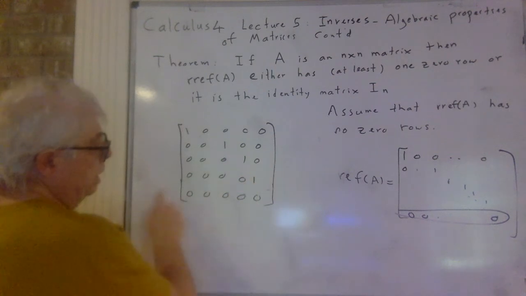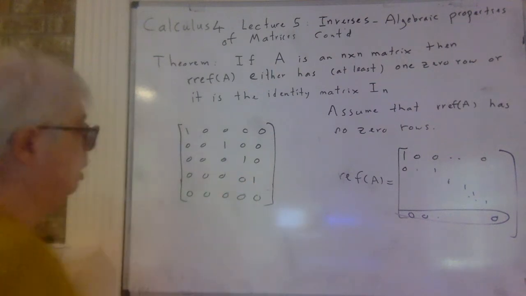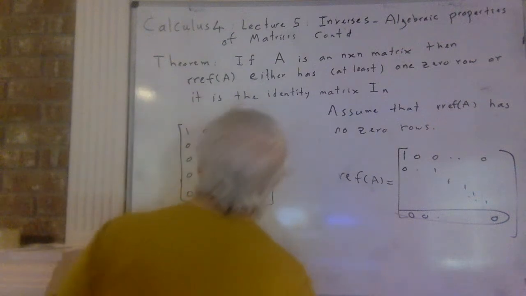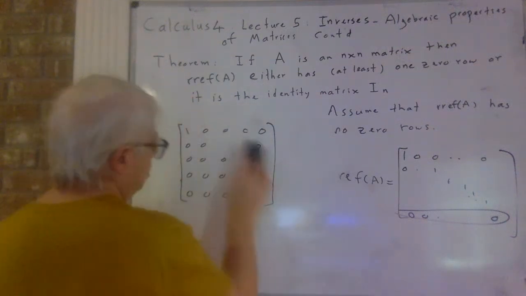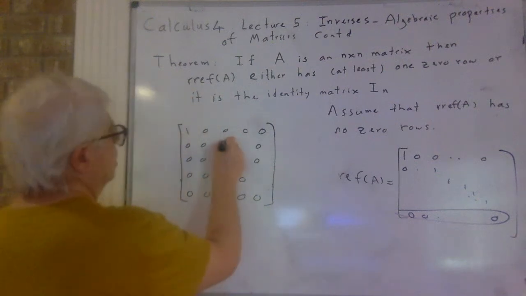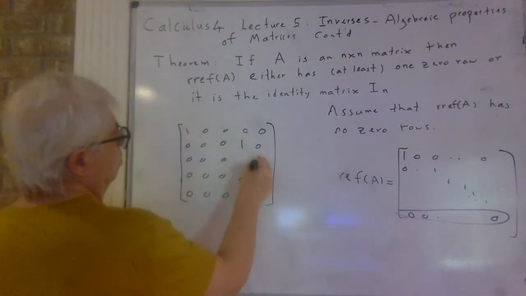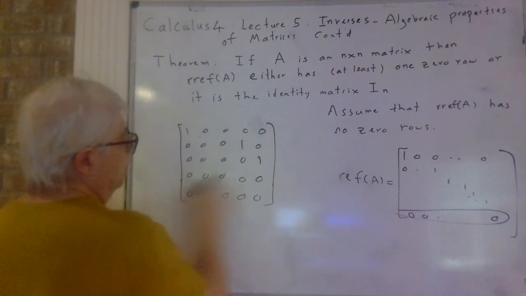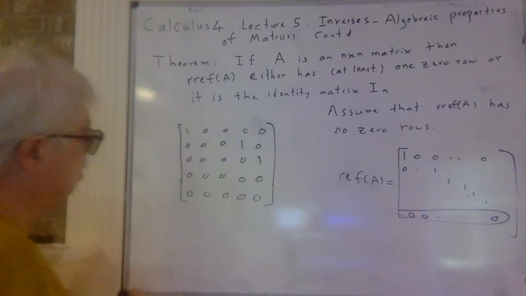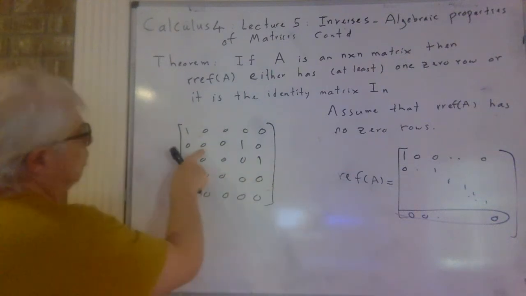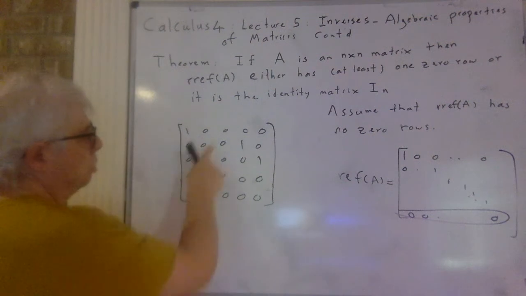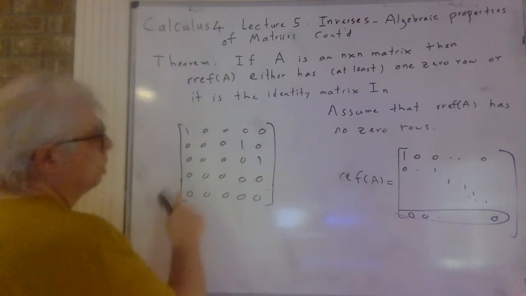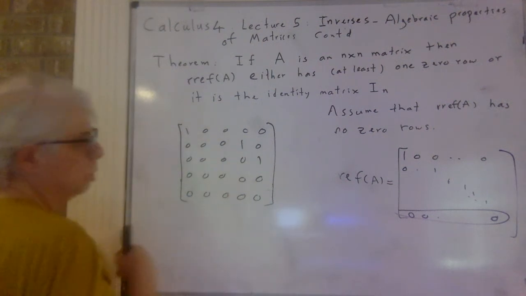So there is at least 1 0 row. Now, if this 1 is even further, if this 1 is like here, then the second one, that's the only place, and I will get 2 0 rows. So if this moves 1 to the right, I will get at least 1 0 row. 2 to the right, at least 2 0 rows, and so on.